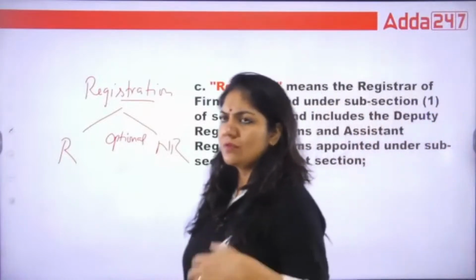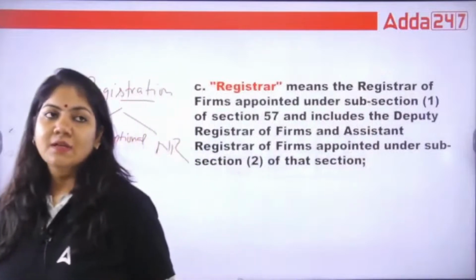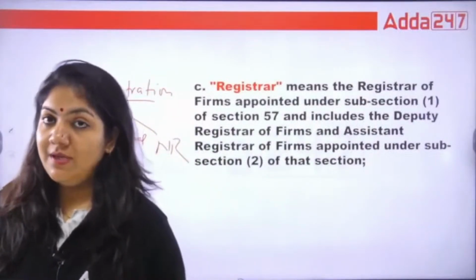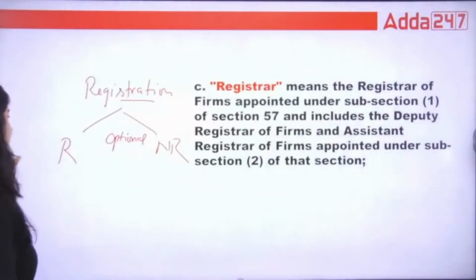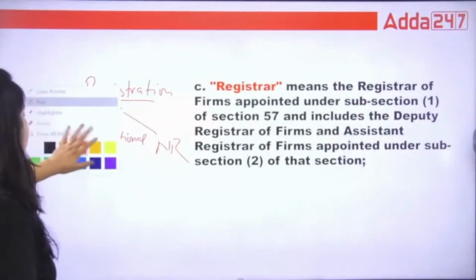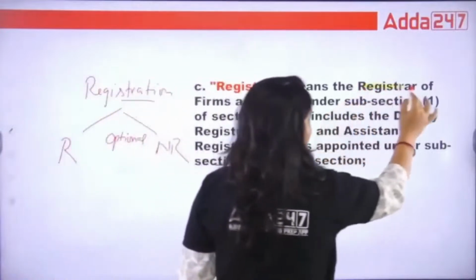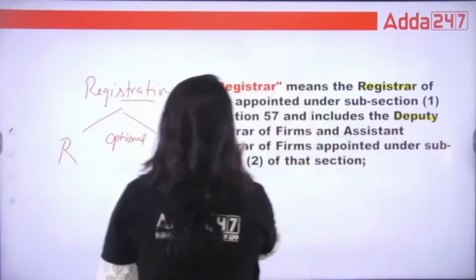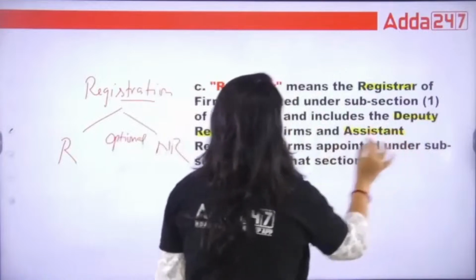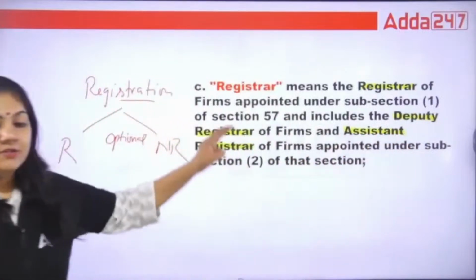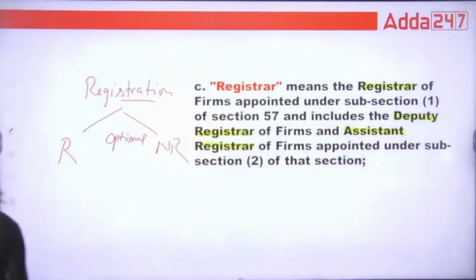There are a few negative consequences given in Section 69 of the Indian Partnership Act, but we do not have to focus on that. So registrar includes registrar, deputy registrar and assistant registrar. There are three types of registrar.